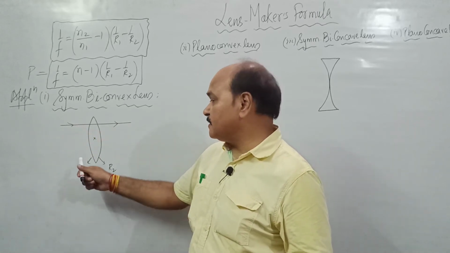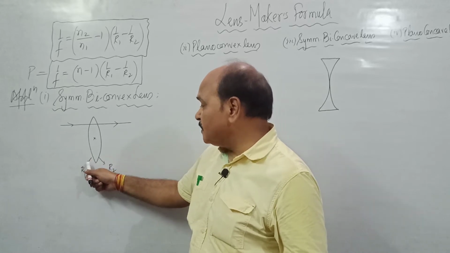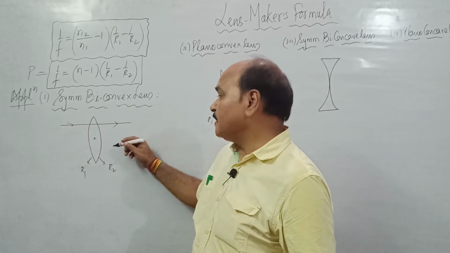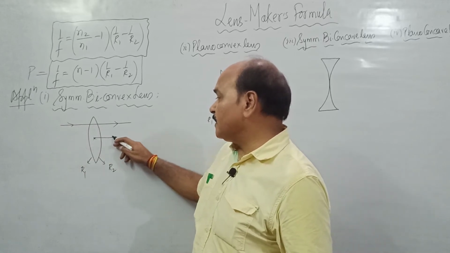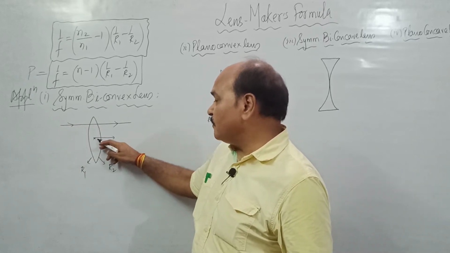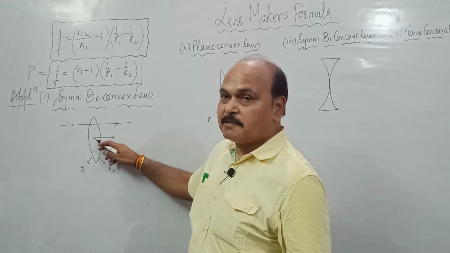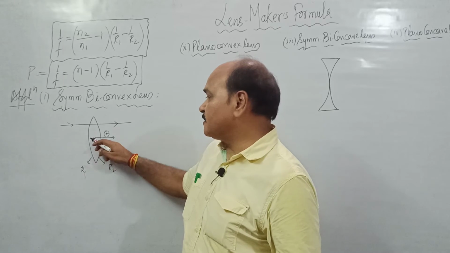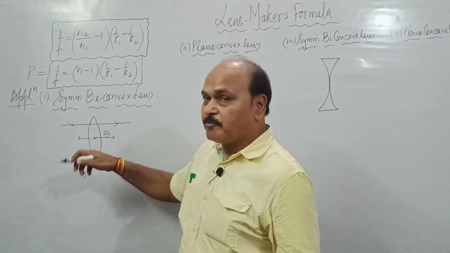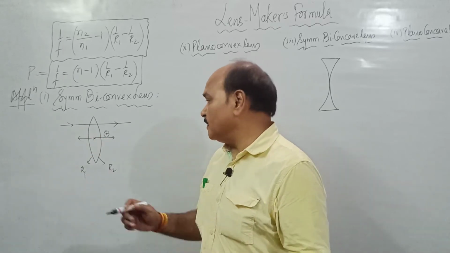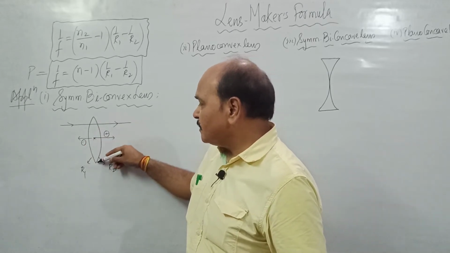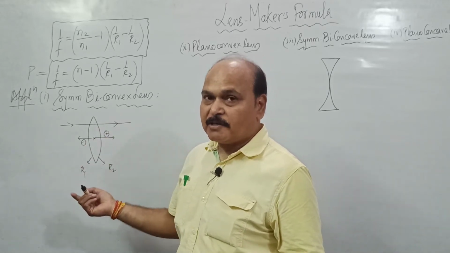So we are taking this surface as first surface. Therefore, incident ray is going to be from left to right. If incident ray is from left to right, that means distance from left to right from optical center would be in the direction of incident ray and would be positive. And distance in this direction, which is opposite of incident ray, would be what? Negative.